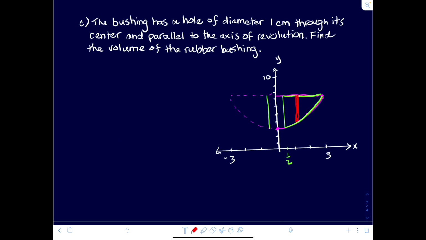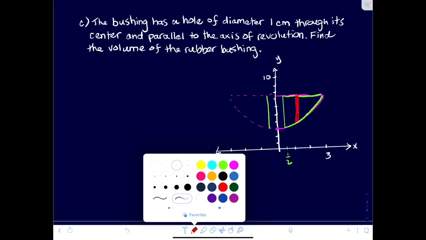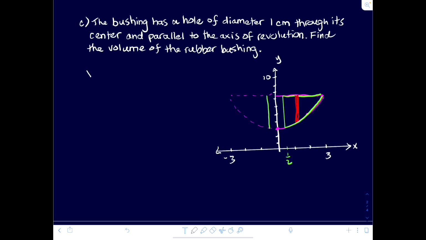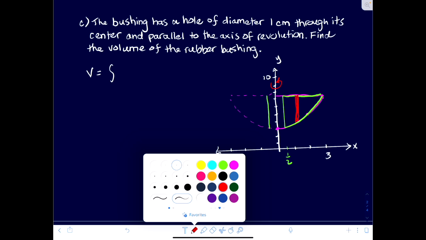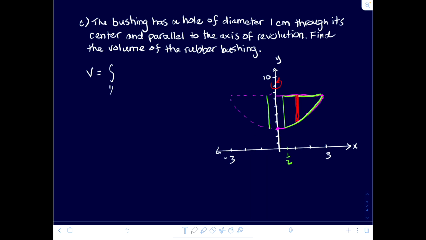So let's check it out. We'll end up with this volume being the integral, because remember it is rotating again about that axis. So we'll have the integral from 1/2 to 3 on our x. Again, at any given time, you'll be x units away from the axis of rotation. And then the height of our rectangle is going to be 1/2 x squared plus 3.